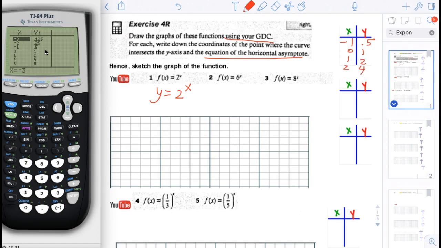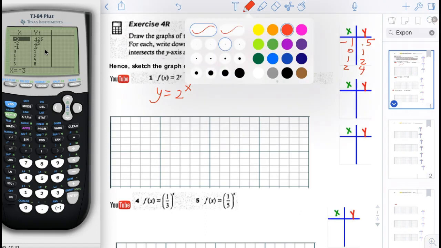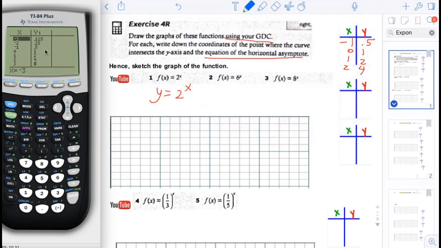You can see that there are no negative y values here. So I'm going to put an x-axis and a y-axis. The x-axis, I'm going to put down here because since there are no negative y values, there's no point in drawing the bottom half of this curve. And then I'm going to put the y-axis about here.